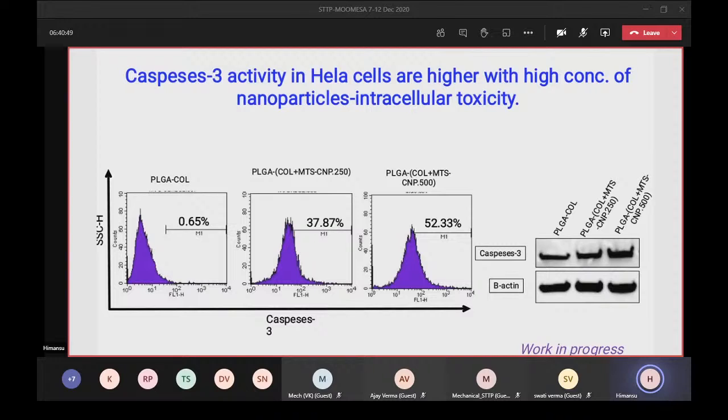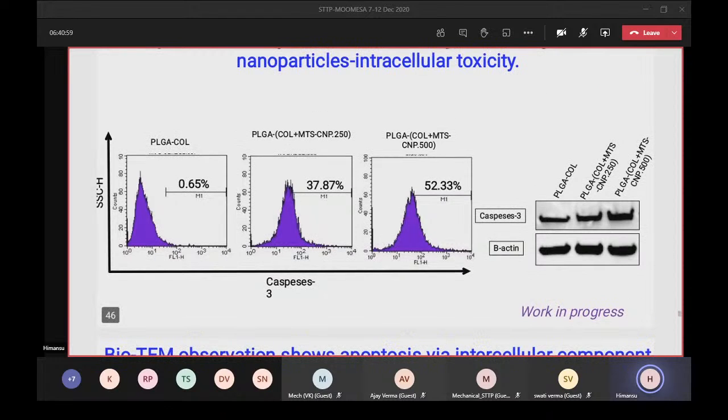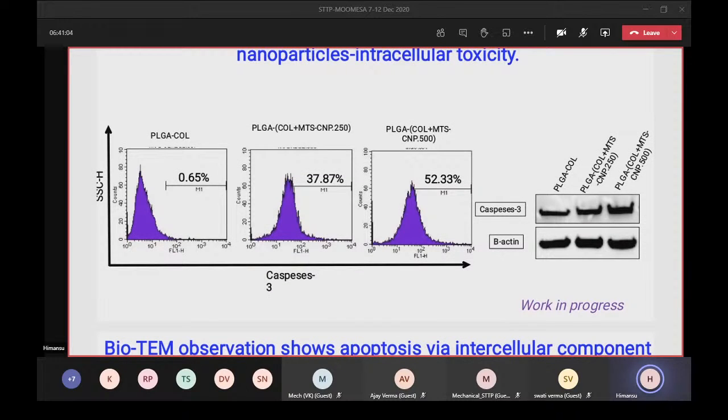What does it indicate? It directly indicates that the cells are really taking up these nanoparticles and dying with time. This is very interesting. And also in the Western blotting, on the extreme right side, the caspase-3 activation or expression is also very high in PLGA 500 nanoparticles.